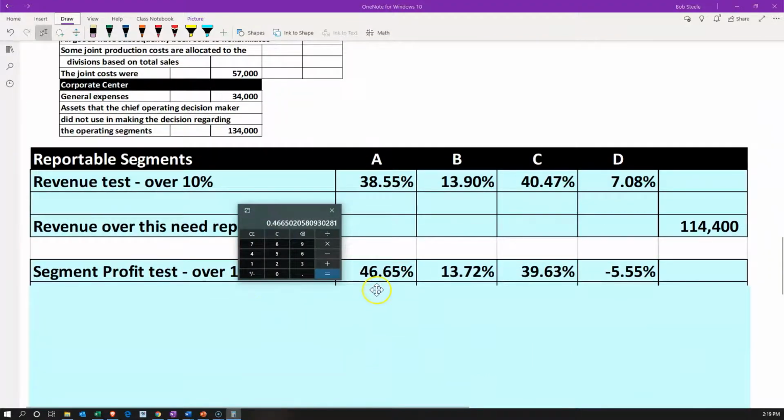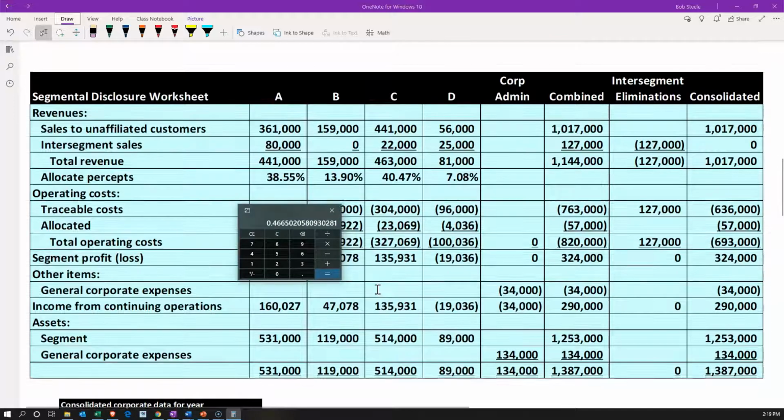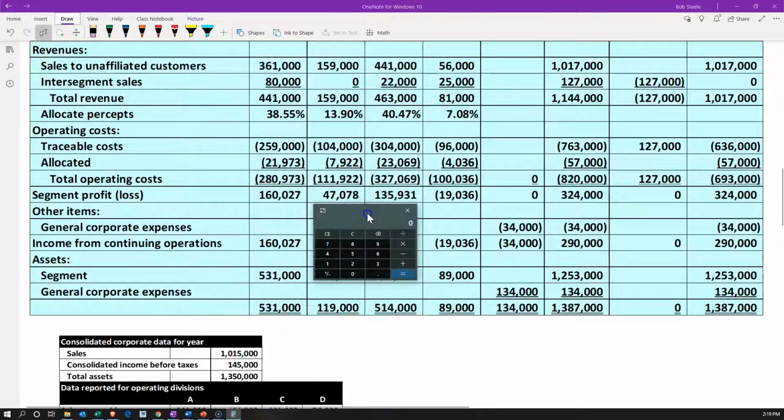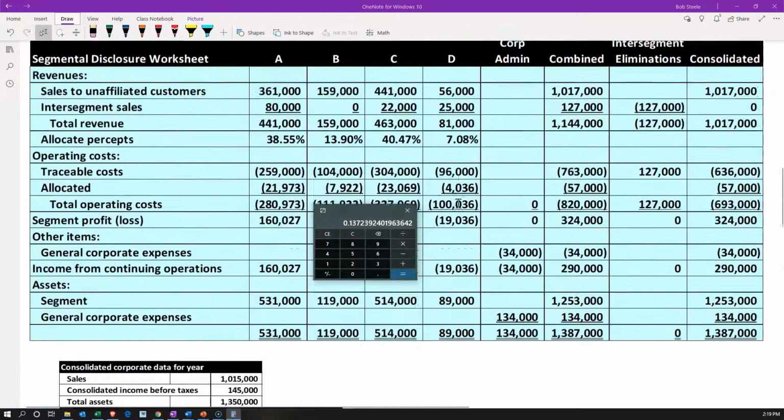So there's our 46.65. And then we'll do the same thing across here. The next one is going to be this 47,078 divided by the number 343,036, and that's going to be our 13.90.